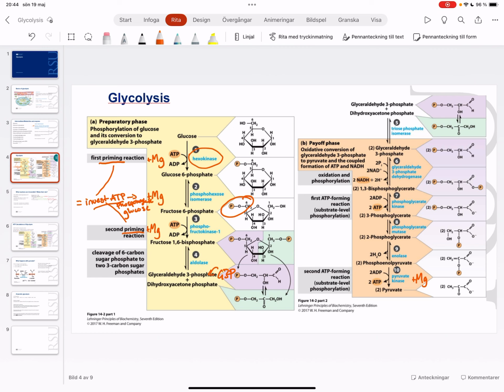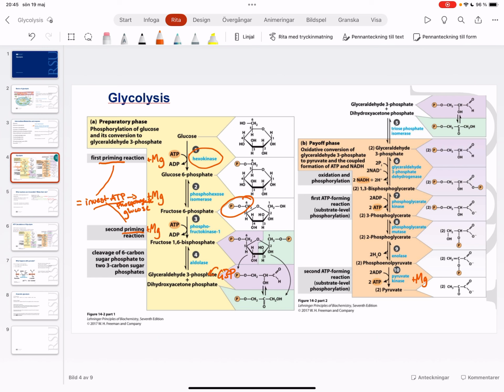We also get dihydroxyacetone phosphate, which has a ketone group. The G3P, because of the aldehyde group, will be in lower concentration. We want to produce more of it because that's the one that's easier to oxidize.